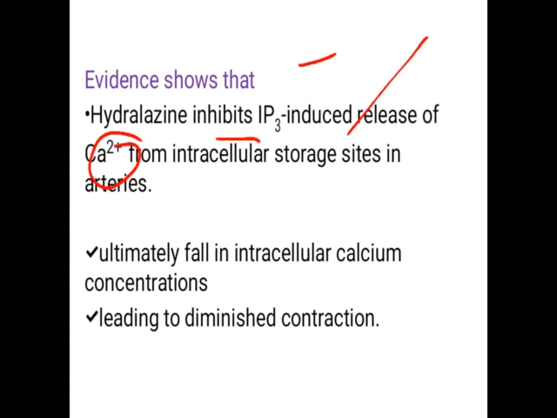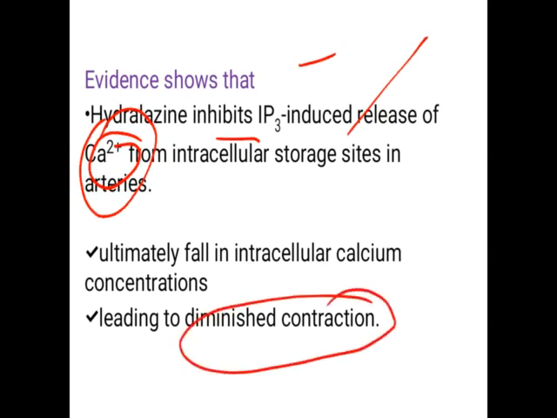If the concentration of calcium decreases, then it is difficult for the muscles to undergo the contraction process, because for the muscles to contract it requires calcium ions, and due to the inhibition of their storage it is difficult to get the calcium ions for the contraction. So it diminishes the contraction as the intracellular calcium ion decreases.